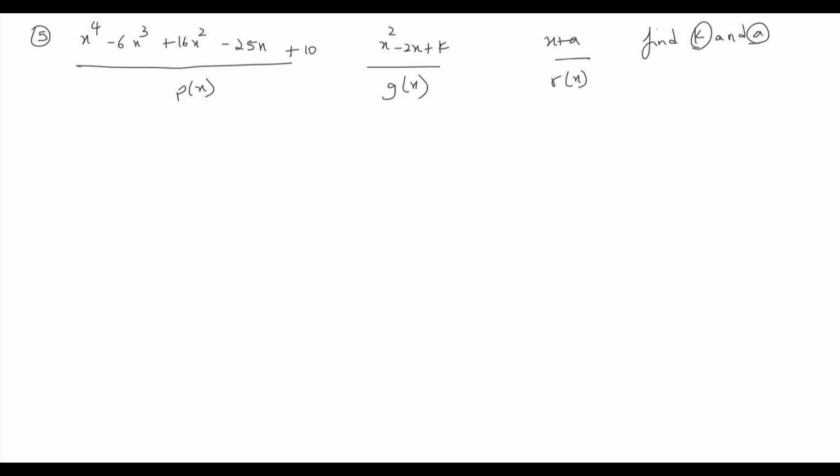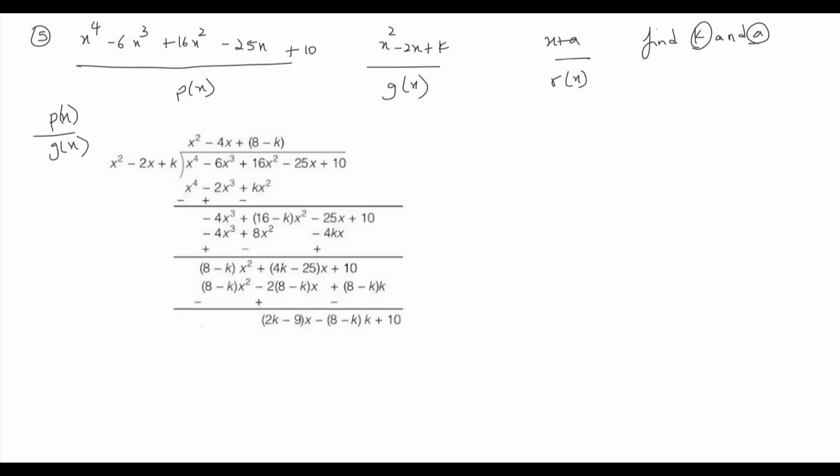So on dividing p of x by g of x, we get the remainder r as 2k minus 9 into x plus 10 minus k into k plus 10. Let me explain how we solved this sum. The first thing you have to do is compare x square and x power 4.